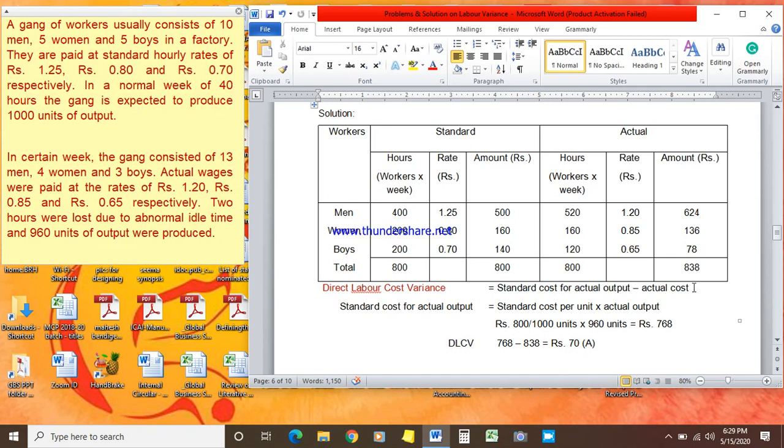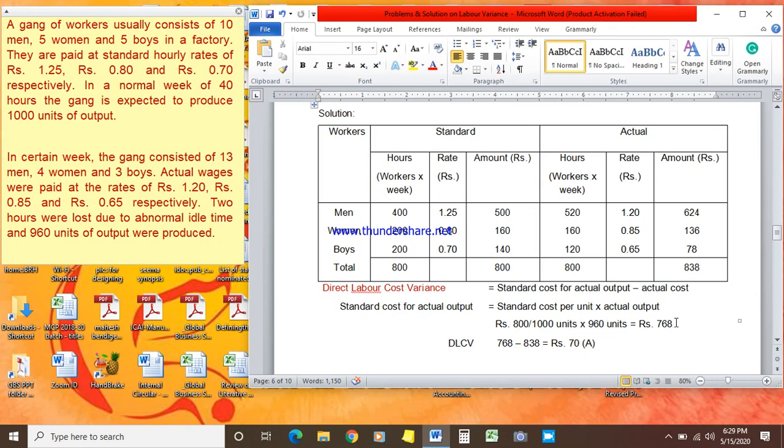What is the standard cost for actual output? Here the standard cost is the labor cost. 800 rupees is paid to all 3 classes of workers together for manufacturing 1000 units, so that comes to 80 paisa per unit. That is multiplied by the actual output, that is 960 units.